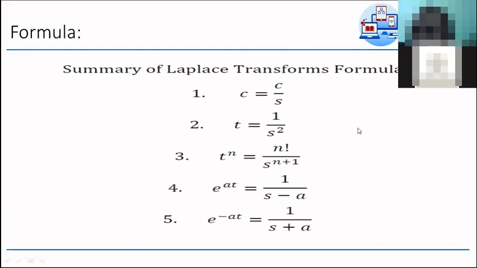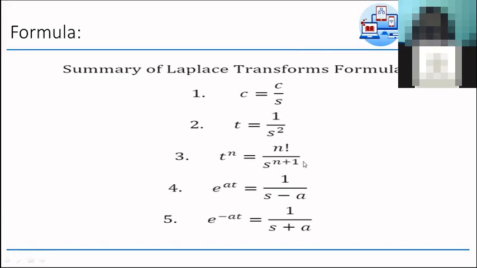So this is now the summary of Laplace transform formulas. Your constant c is equal to c all over s. Your t formula is equal to 1 all over s squared. Next, t raised to n is equal to n factorial all over s raised to n plus 1.